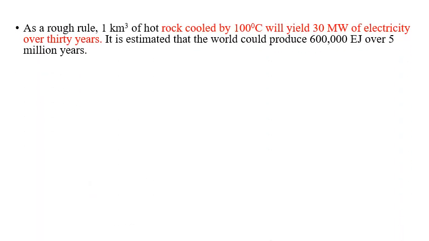As a rough rule, 1 cubic kilometer of hot water cooled by 100 degrees centigrade yields 30 megawatt of electricity over 30 years. It is estimated that the world would produce around 6 lakh EJ over 5 million years.